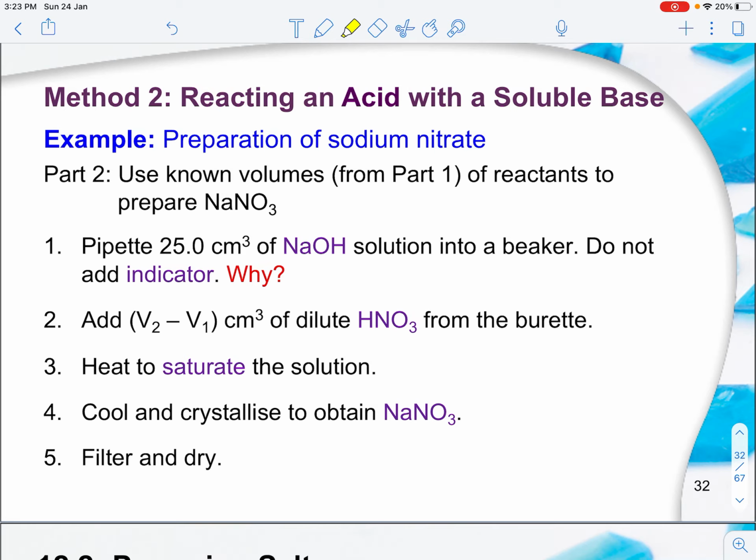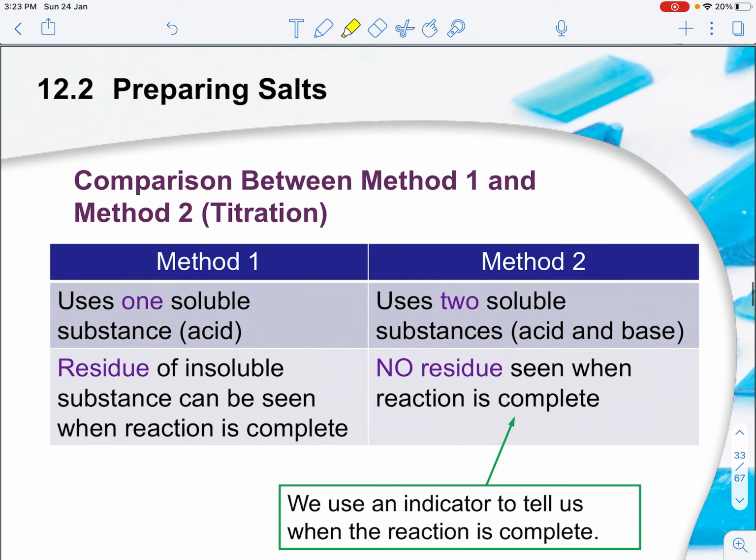What we want is the pure one. So for the second step, we just add the difference, that means the volume of nitric acid that was used for salt preparation, and then we heat to saturate the solution and later cool again. This step is very similar to your evaporate to dryness step. Okay, and that will be your second part.